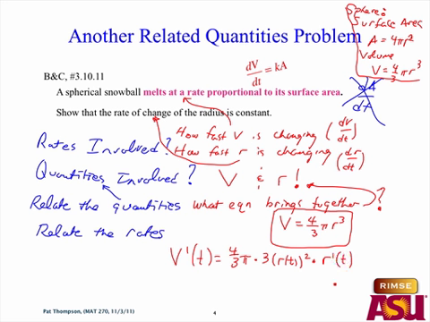Awesome. Okay. So now let's simplify this right here. 4/3 pi times 3 is what? This is really 4 pi r squared, right? And we can write r prime of t, that's fine.